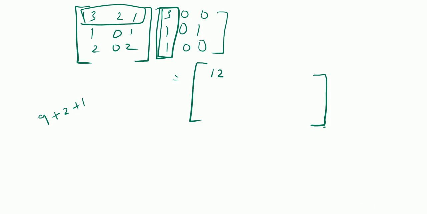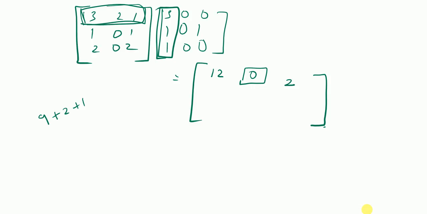Now for the first row, second column element, we are going to be essentially multiplying the first row of the matrix 1 with the second column of the matrix 2, which is 0. And this is 2.